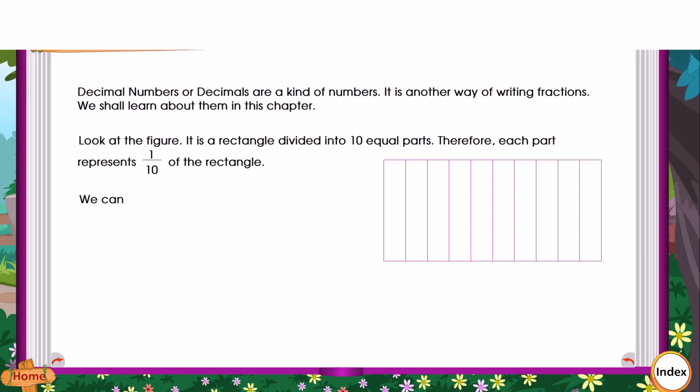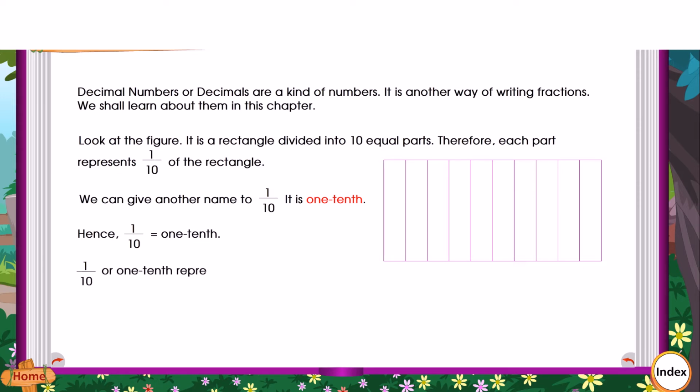We can give another name to 1 by 10. It is 1/10. Hence, 1 by 10 is equal to 1/10. 1 by 10 or 1/10 represents 1 out of 10.